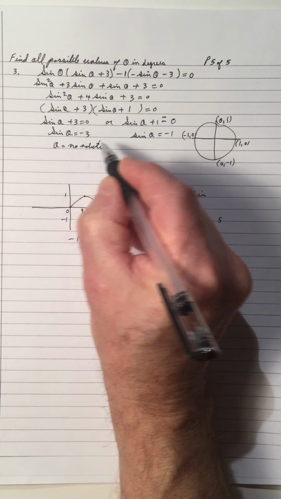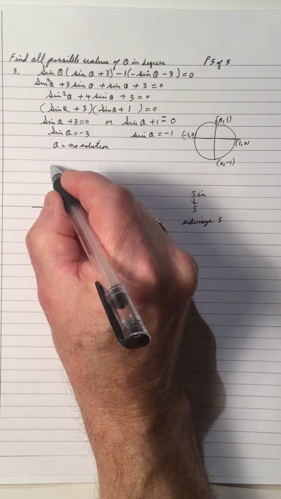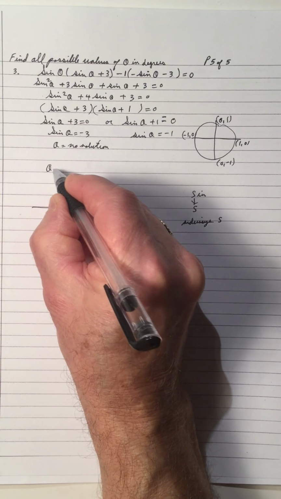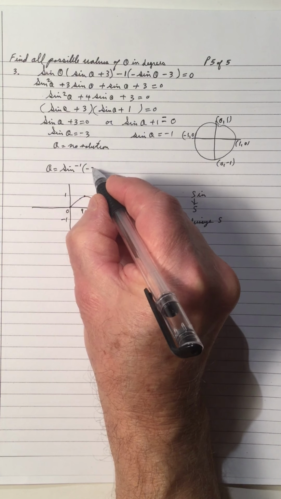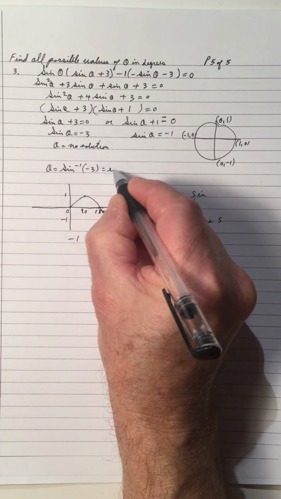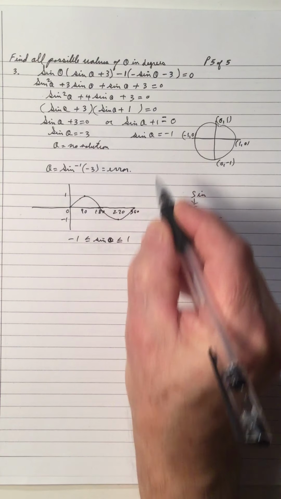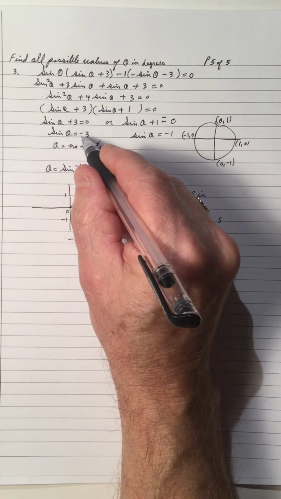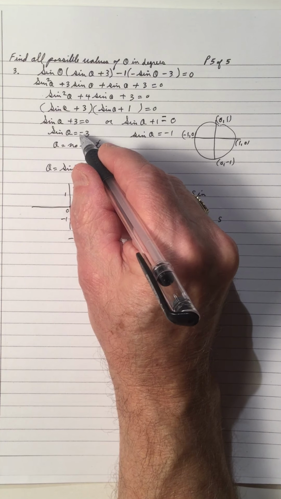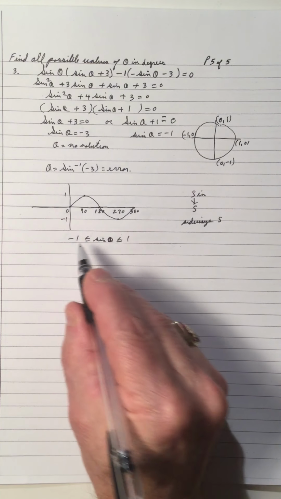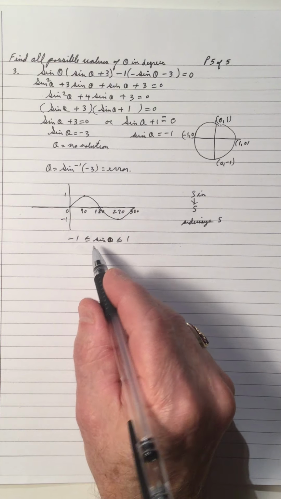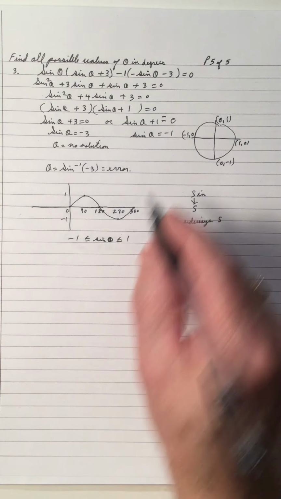Again, if you did it on your calculator, sine inverse of negative 3, the answer would be an error on your calculator. But sine cannot be larger than 1 or smaller than negative 1. There's always 1, or negative 1, or in between. So that's why there's no solution here.